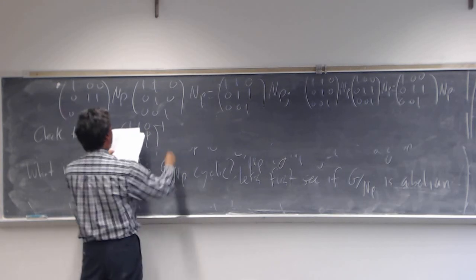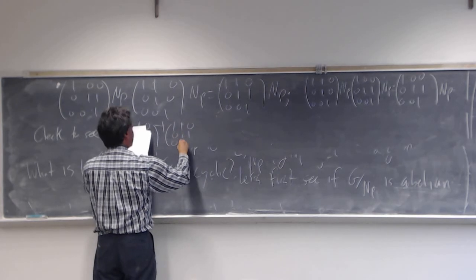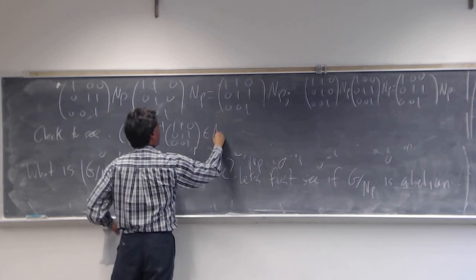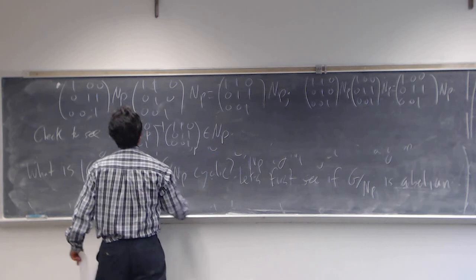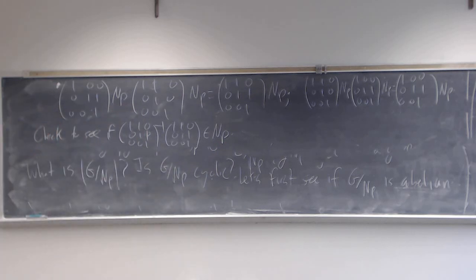The inverse of one times the other would have to be in the set itself, N of P. So that's how we can tell if these two cosets are equal.